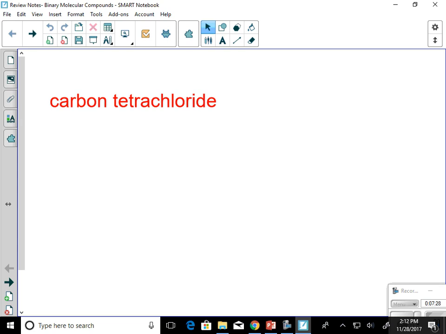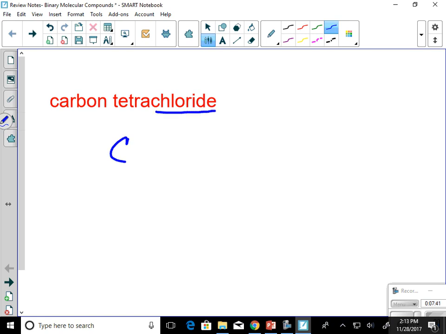So what does that tell me? That I have one carbon. So, I would write carbon. What is my second element? Chloride, which is chlorine. How many? 4. So there, folks, is carbon tetrachloride.